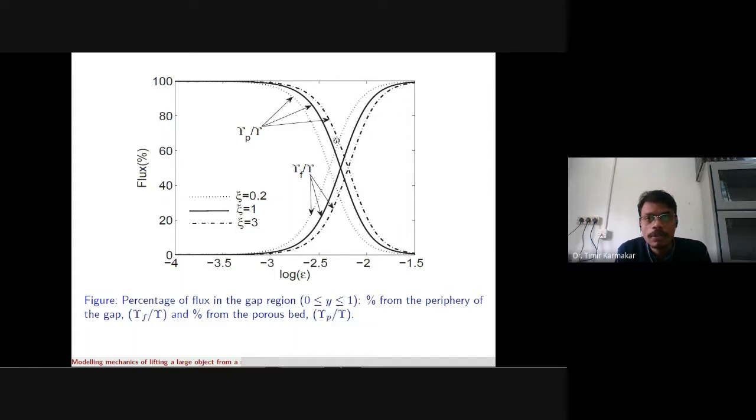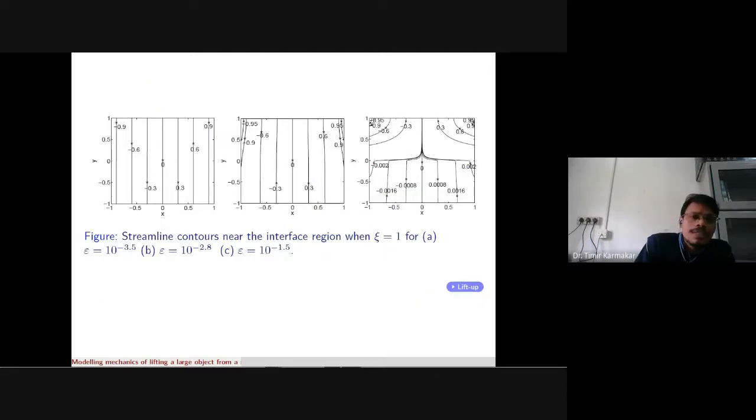Accordingly, the horizontal flow will be less, because if we assume the total flux is 100%, then if more flow comes vertically, obviously less flow will come horizontally. So the main thing here is, if we increase the vertical permeability, then we can lift the object easily up. Okay, so this is what the streamline actually looks like.